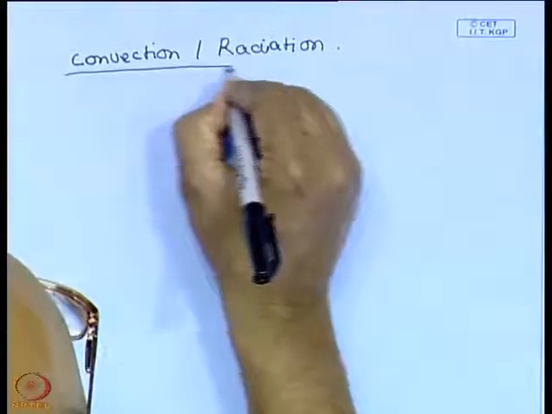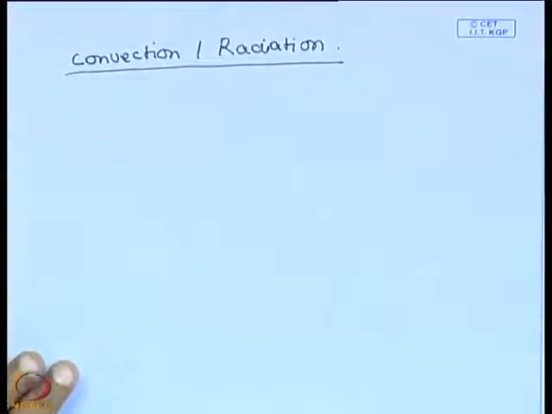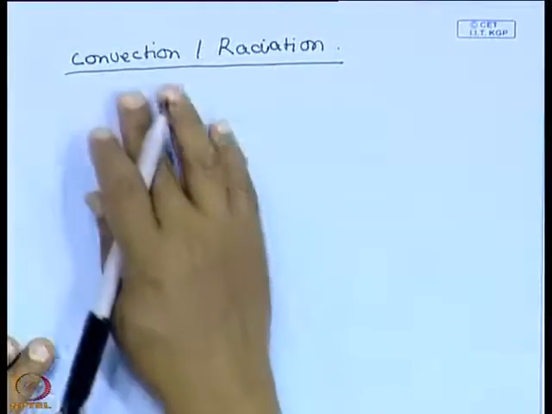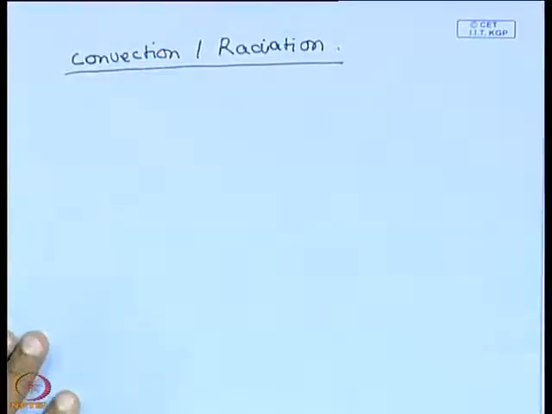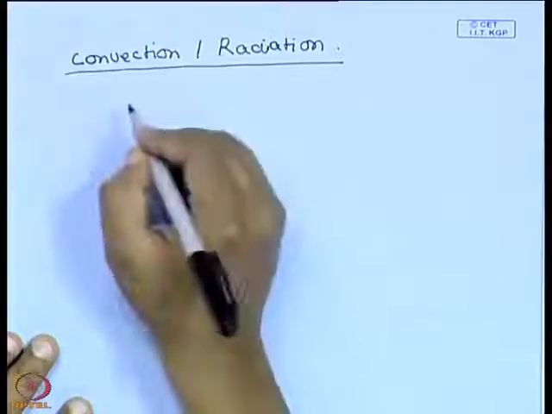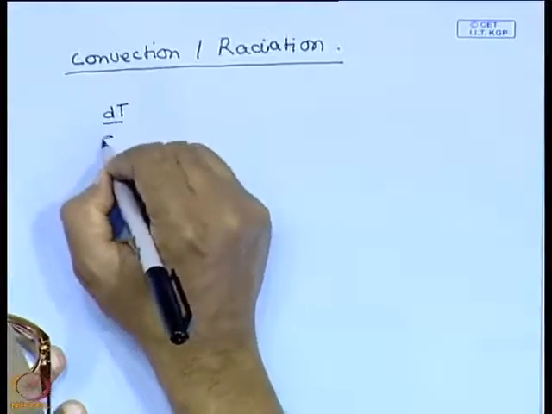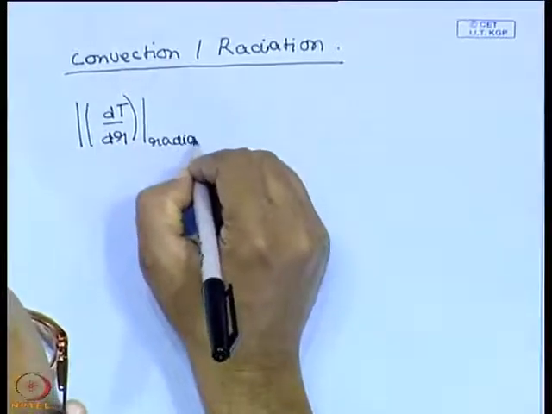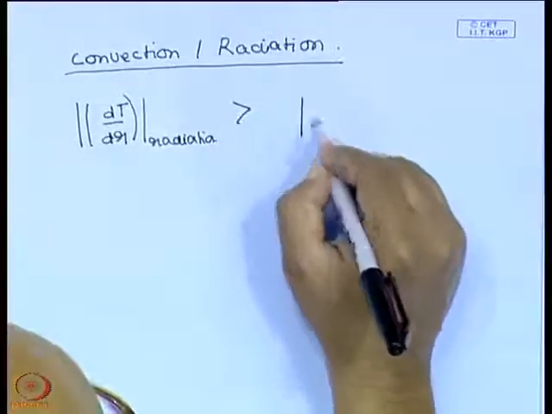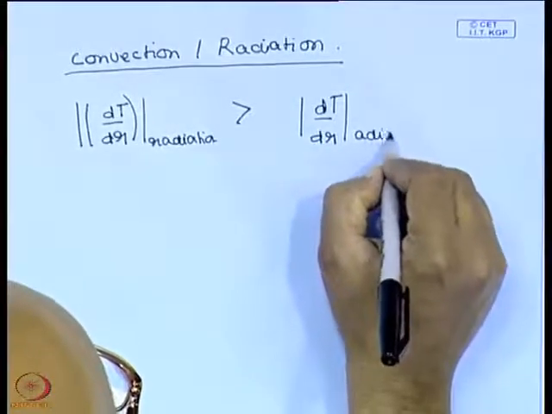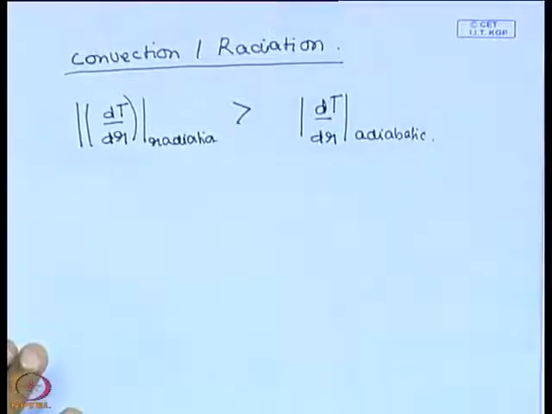Again, we have discussed this, and I have told you that the criteria for deciding which of these will occur is that if we have radiative transport, and if the radiative temperature gradient exceeds the adiabatic temperature gradient, then we have convection, and convection is a very efficient means of transporting energy.